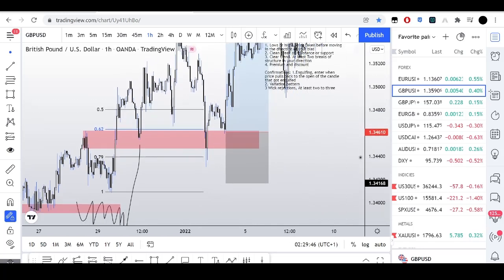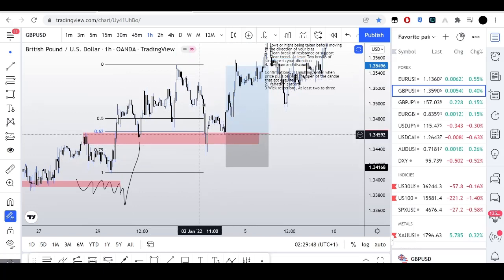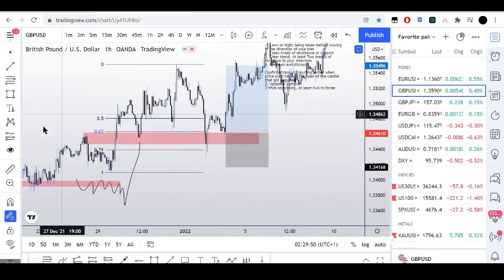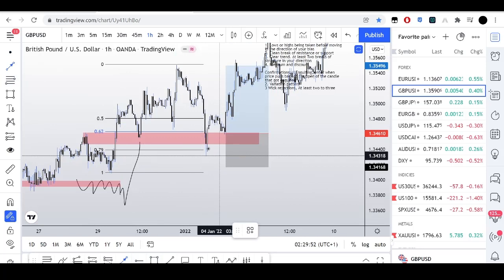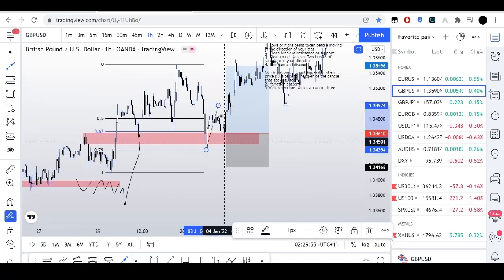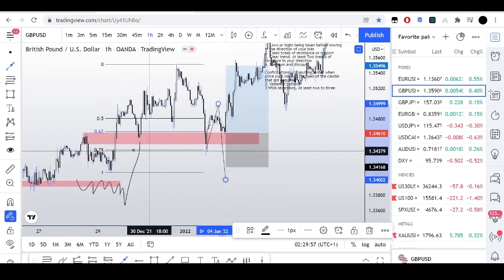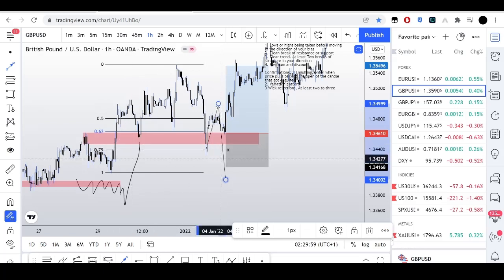Now if you had 2 consecutive breaks like this, like if it came up and then had another breakdown like this, you wouldn't really want to start looking for buys anymore. You want to start looking for sells.